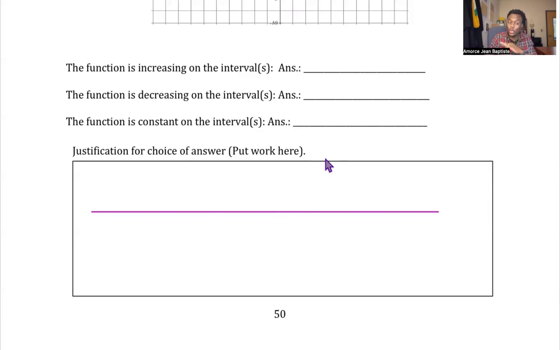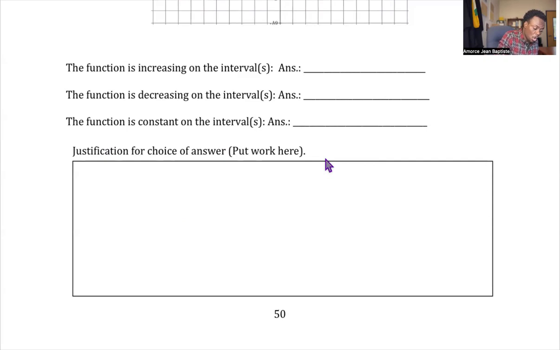Now, remember, if they ask me to give the precision on the interval, they're talking about the x values. It means give me the x value at which the graph starts to increase, to the point where it stops. That can be a turning point, but it may not be. But you can tell when it starts to go up, and when it stops going up to do something else.